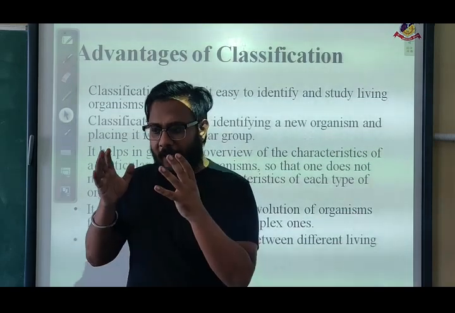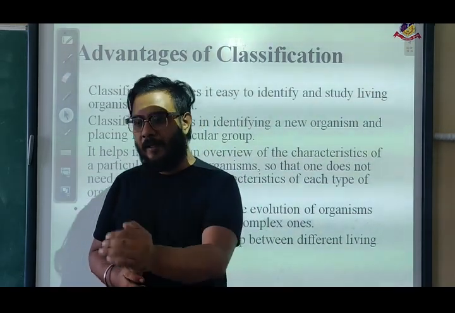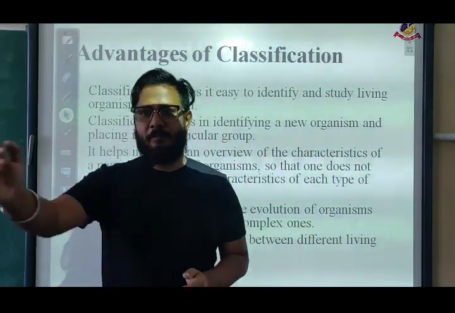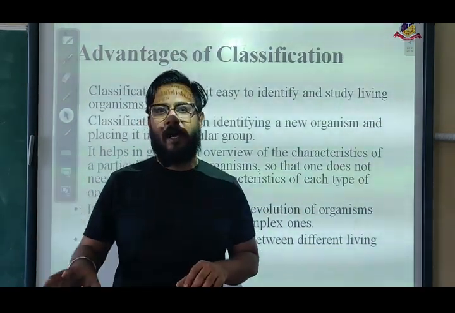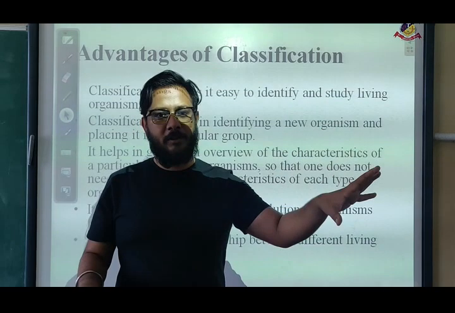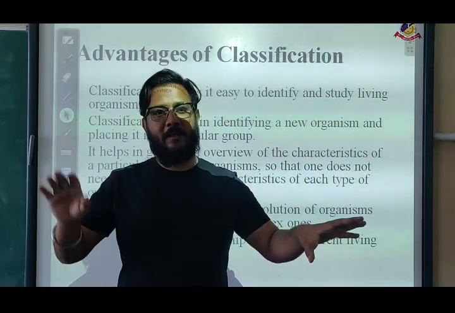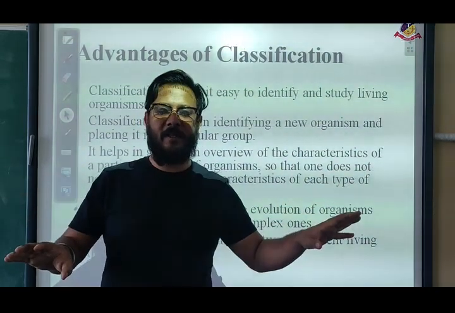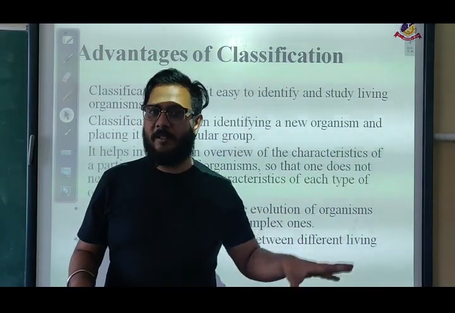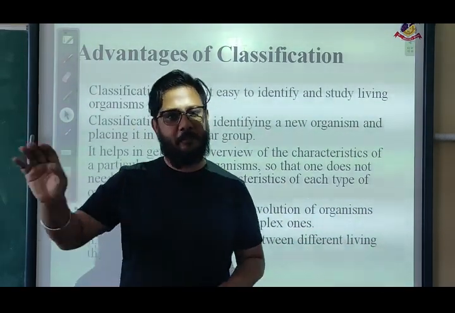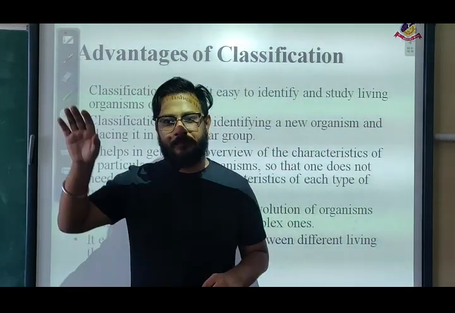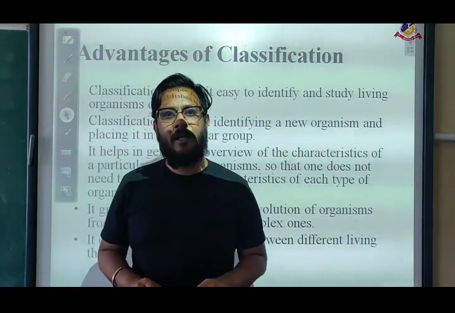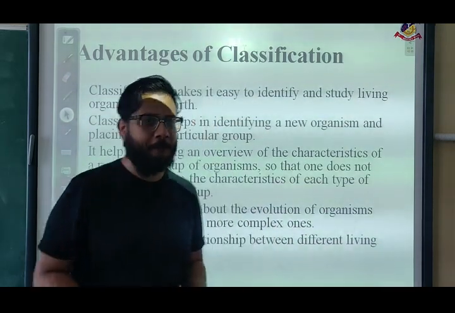So based on their characteristics, we can identify, okay, this is a bird. Since it's a bird, it will have similar properties to other birds. Let's check it. It has feathers? Yes. The other birds have feathers. It has scaly legs? Yes, it has. It has talons? Yes, it has. Beaks? Flies? Yeah. So classification helps us in this.